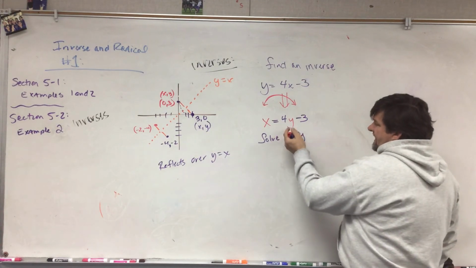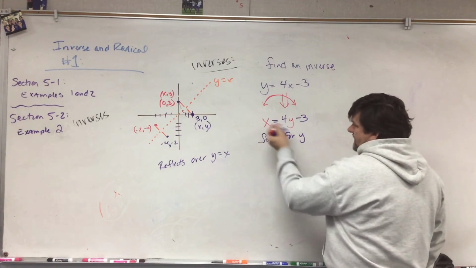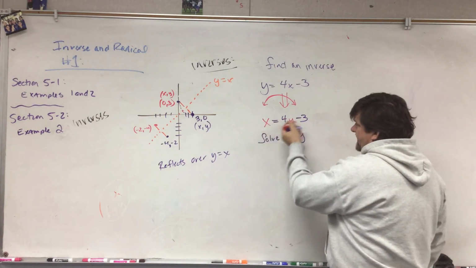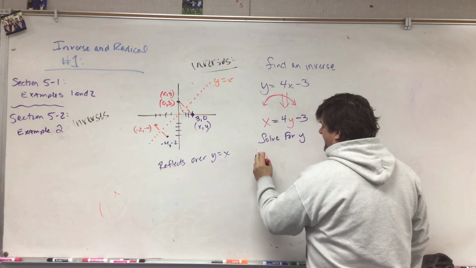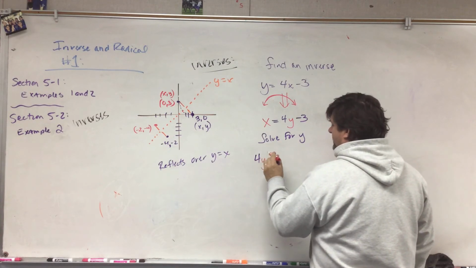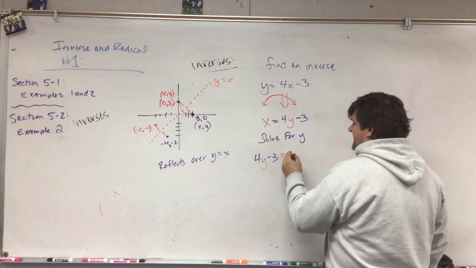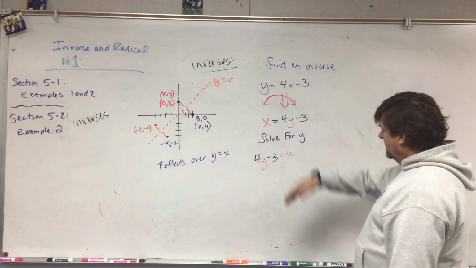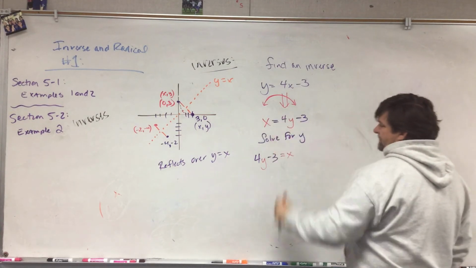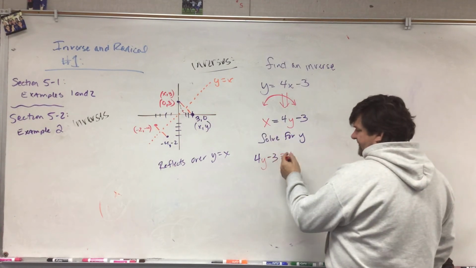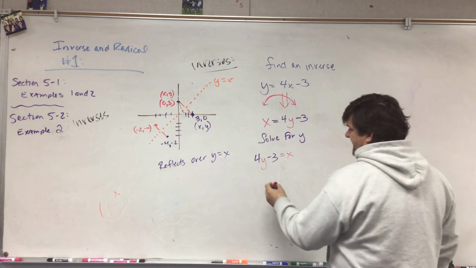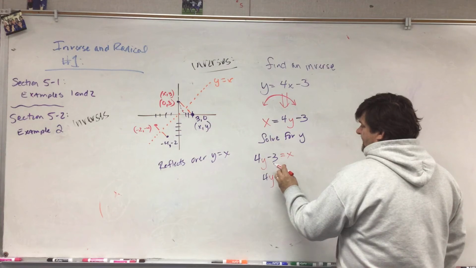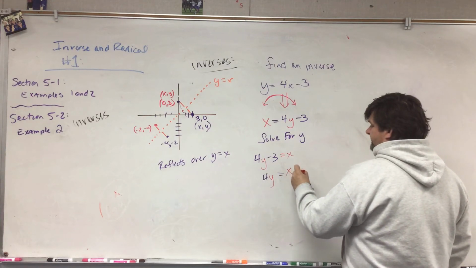If I solve for y, I'm going to add 3 over there. If you can't see it that way, go ahead and move these things. I'm going to rearrange it for people that like to solve things where the equation is on the left side. It's okay, you can do this. The whole thing has to move. So I'm going to add 3 to both sides, which gives me 4y equals x plus 3.